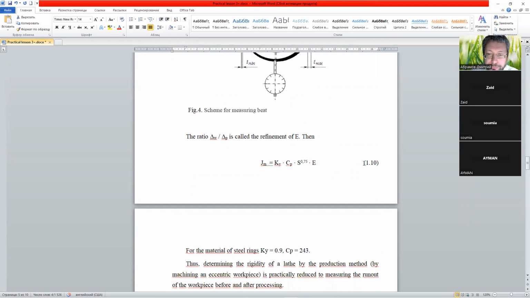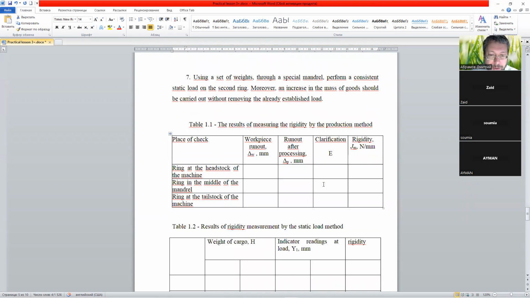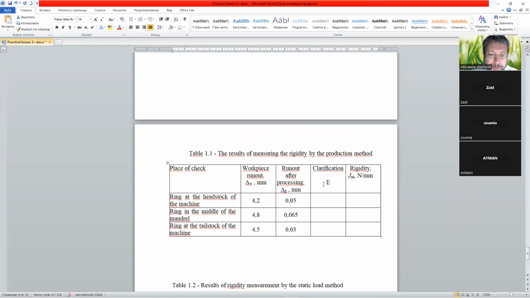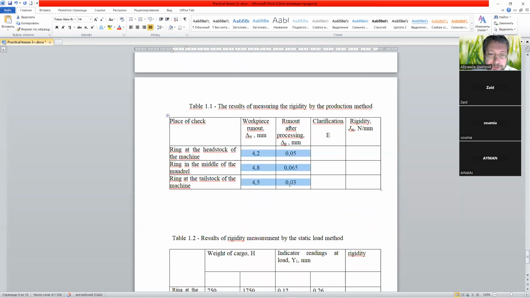So you should use the formula 1.10 and you should use the values from this table.